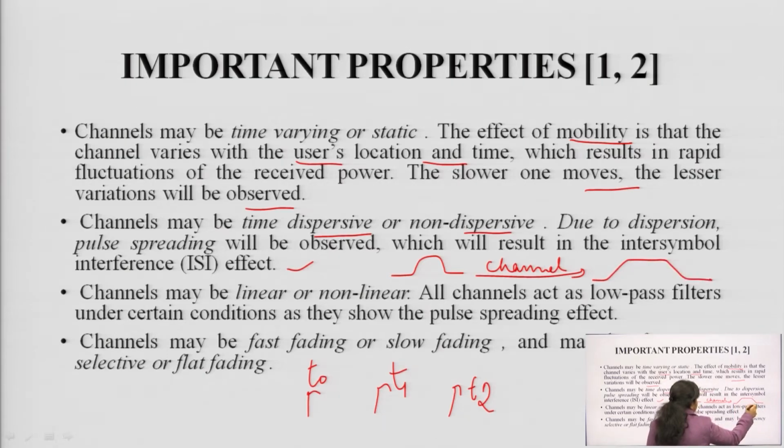This is known as the spreading of the pulse. This spreading causes intersymbol interference, known as ISI. Intersymbol interference means the mixing of pulses from neighboring symbols. So that is known as ISI.